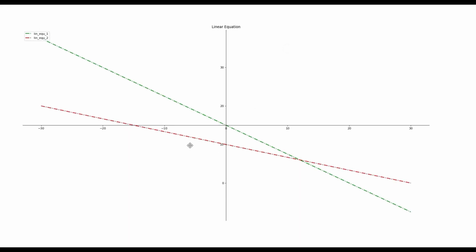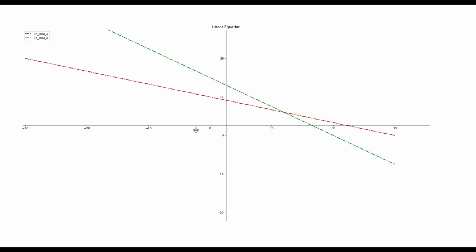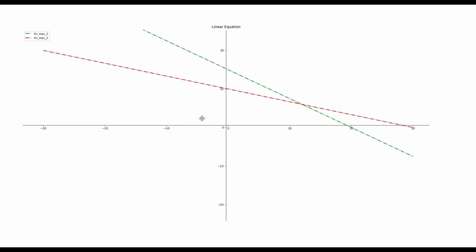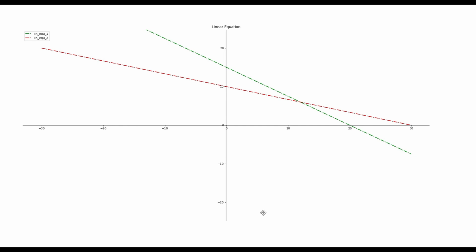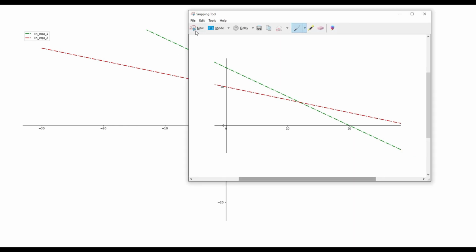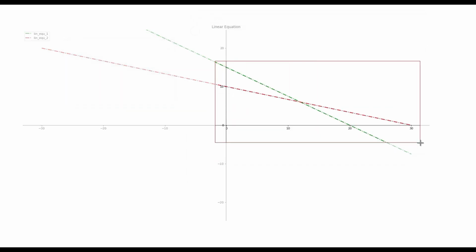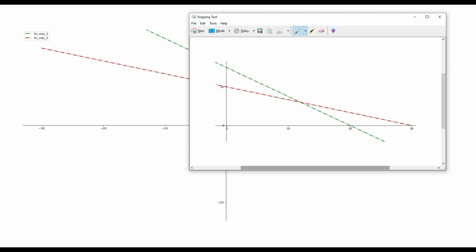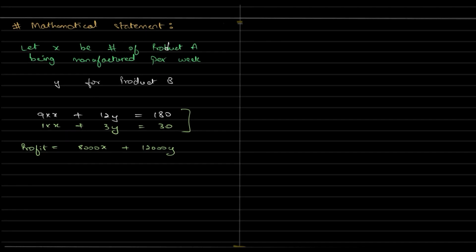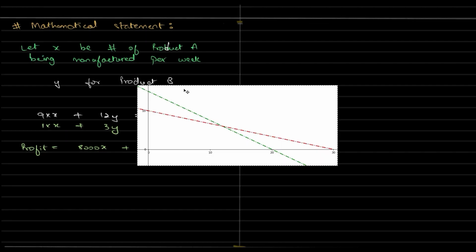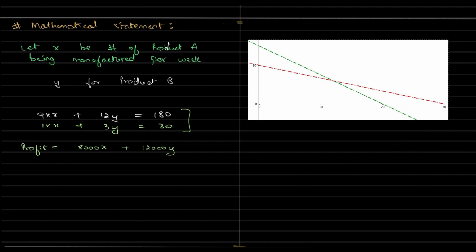So what is it that we are looking at? So we are looking at this particular scenario. Let's look at the points which concern us.